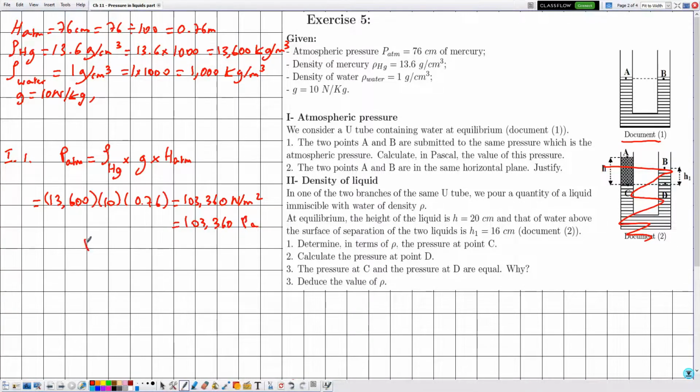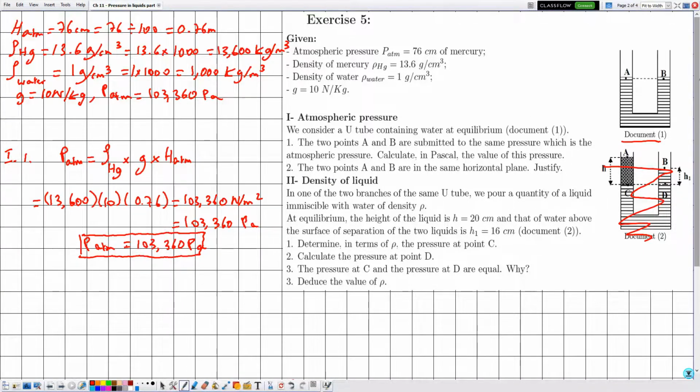Then the atmospheric pressure in this case is 103,360 Pascal. And notice that here they are telling me to calculate the value of this pressure in Pascal.